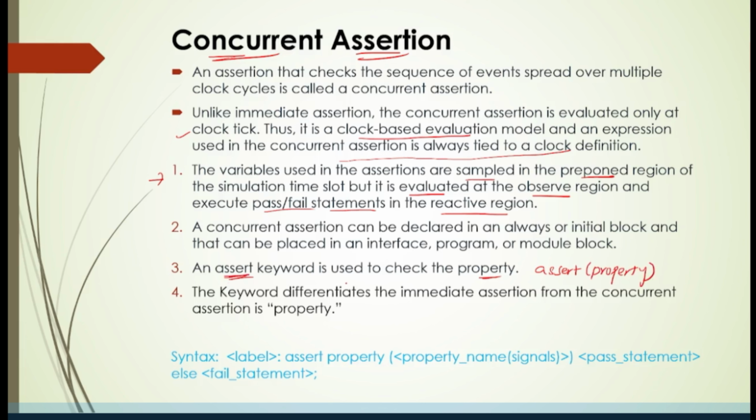Here is a simple tip: if you see assert property, then it is a concurrent assertion. If there is only assert on the logic, then it is an immediate assertion. Clear? This is how you differentiate between immediate and concurrent assertions.